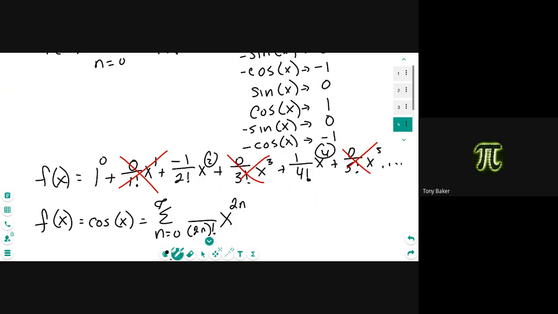What about the top? We go 1, -1, 1, -1, so it's swapped back and forth, correct? So that's negative 1 to the n minus 1? Or, sorry, actually just n, because we wanted to start off with positive 1 first.